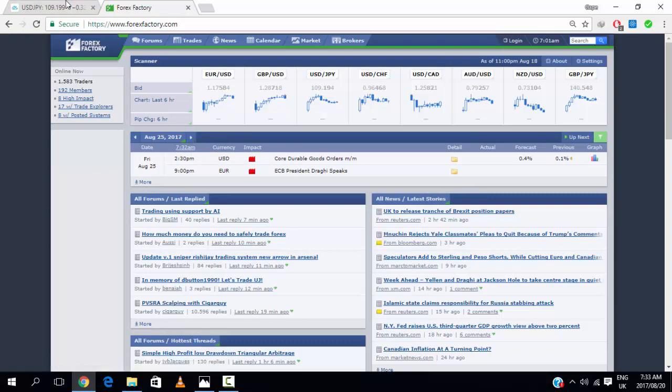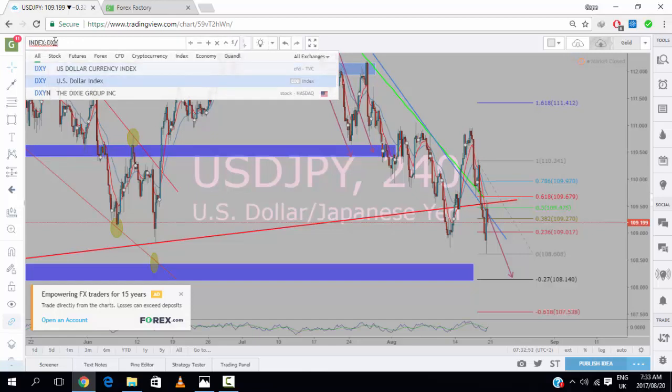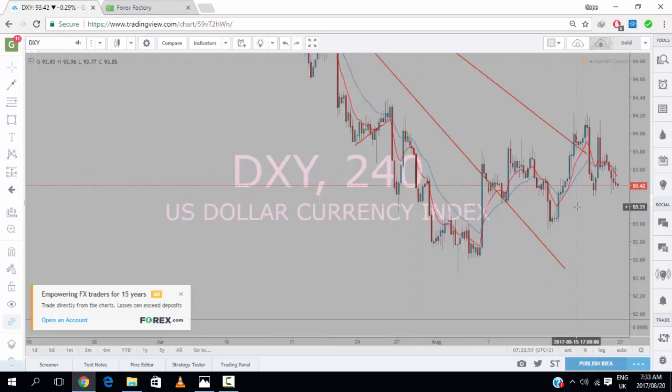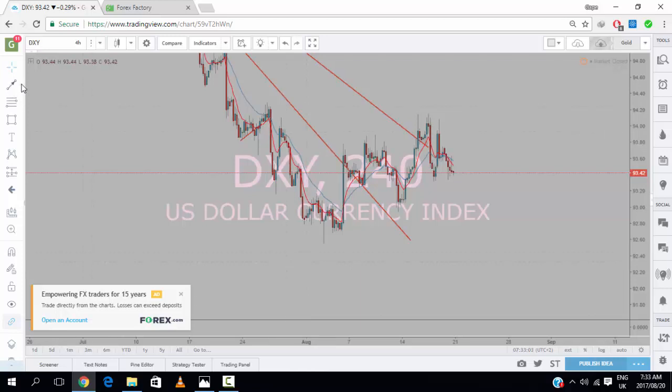Okay, no problem. Let me just see how the DXY is. Okay, guys, check this out, right? A break from this trend line, we could actually see the dollar melting.